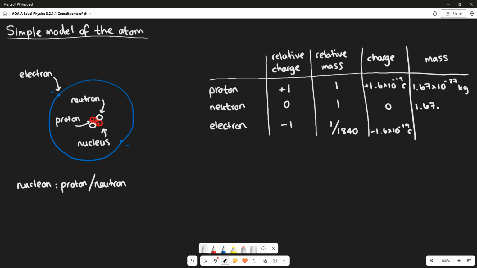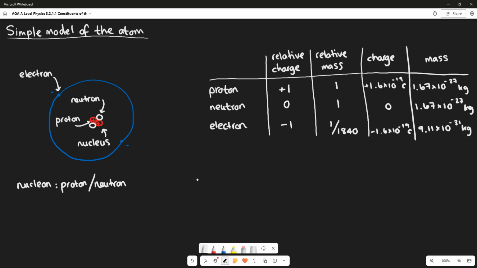But we're not going to do that today. But to 2 decimal places, these nucleons have the same mass. The electron is much, much smaller. It is 9.11 times 10 to the minus 31 kilograms.